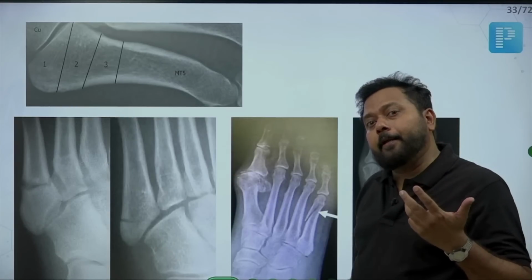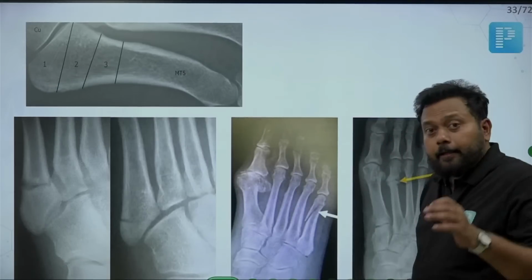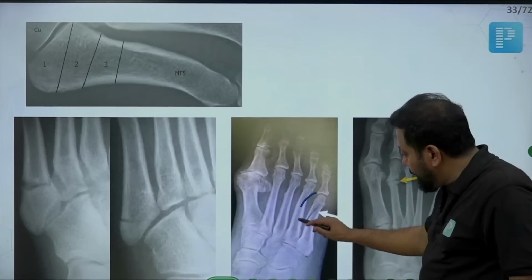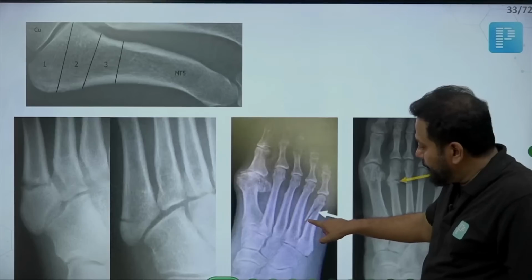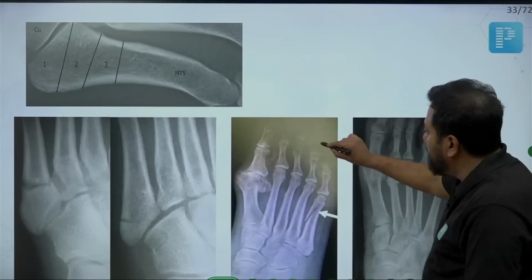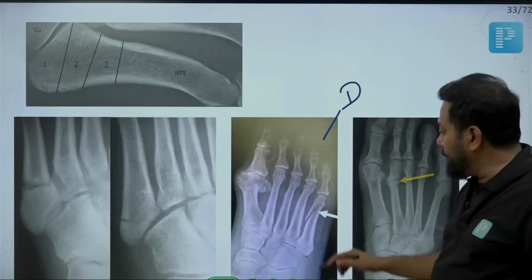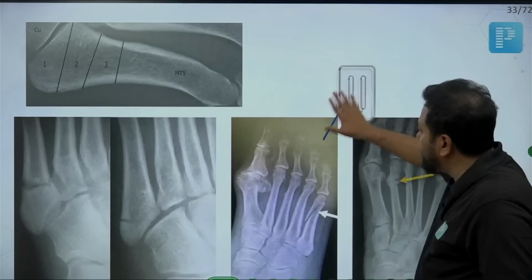Extra-articular in zone 2 is called Jones. Extra-articular long spiral or oblique fracture happening in zone 3 is called Dancer's. In the 5th metatarsal, when a fracture happens like this, this is called Dancer's fracture, because a ballet dancer very often develops this fracture. So it's called Dancer's fracture.